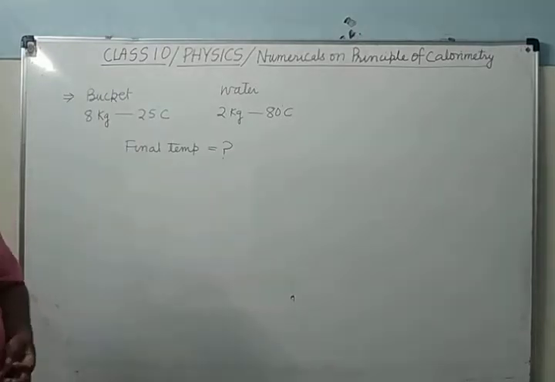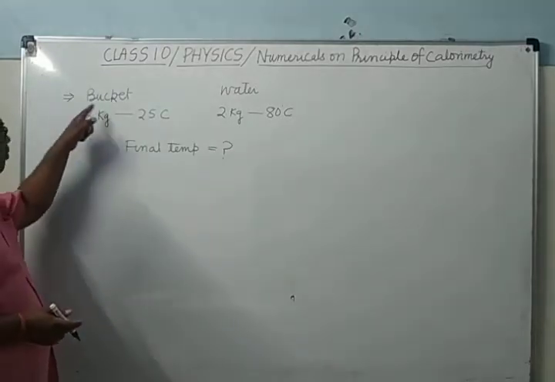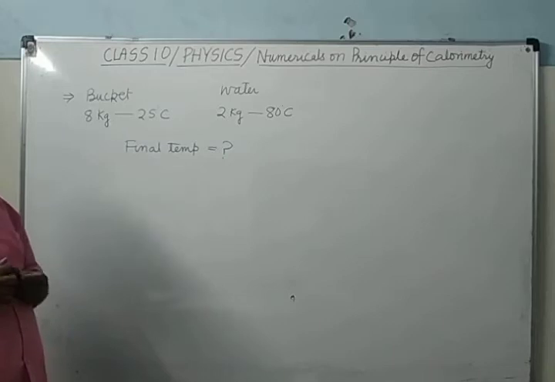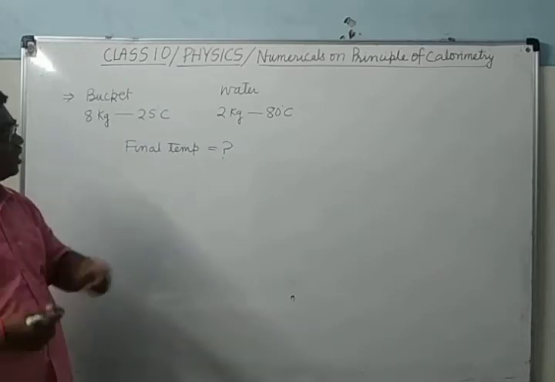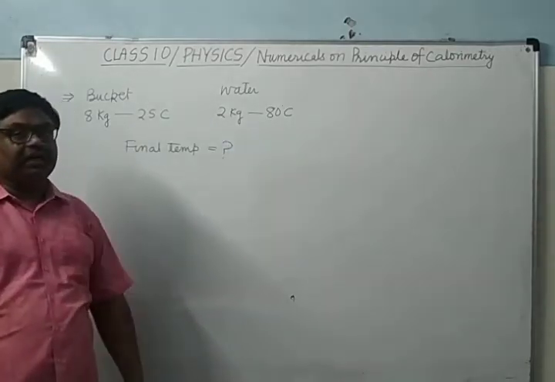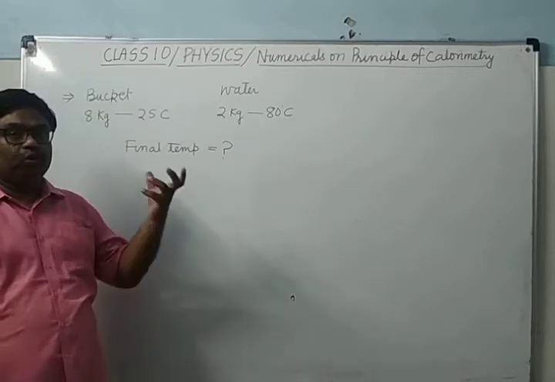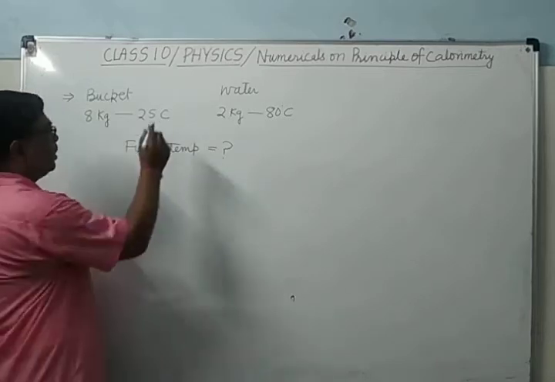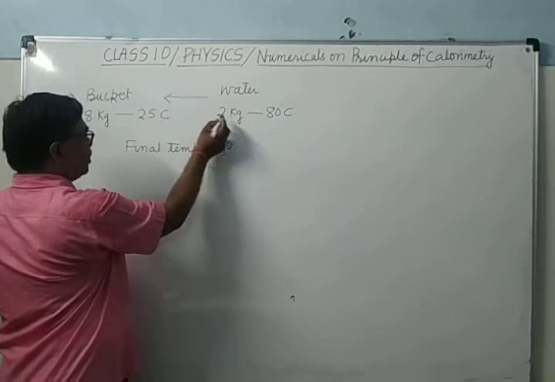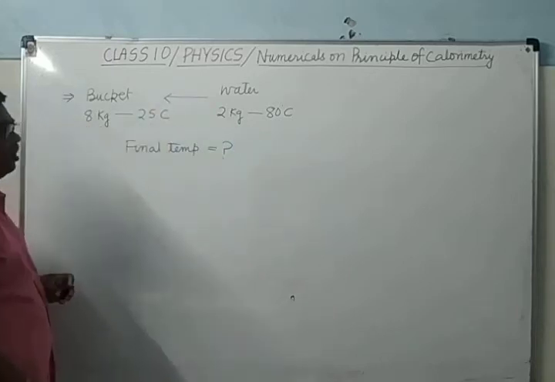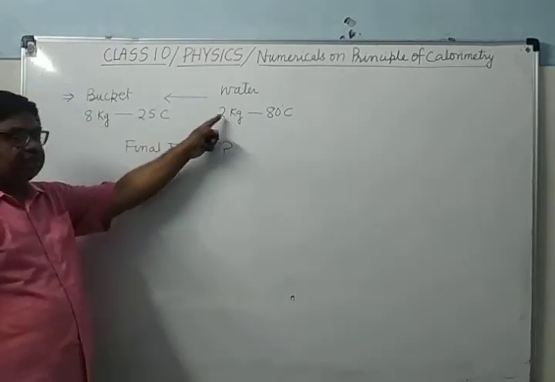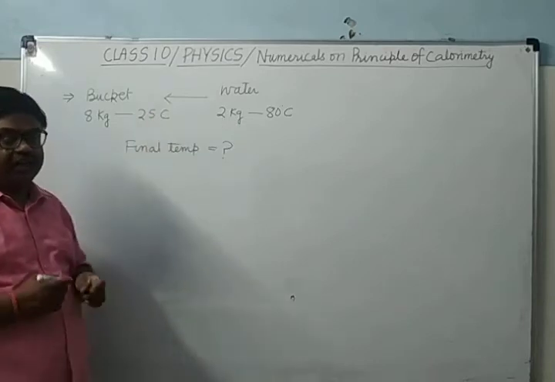Here you can see that the water which is in the bucket is at a smaller temperature, and the water which is poured is at a higher temperature. When both mix, what will happen? Heat energy will flow from the hot water to the cold water. It will lose heat energy and it will gain heat energy.